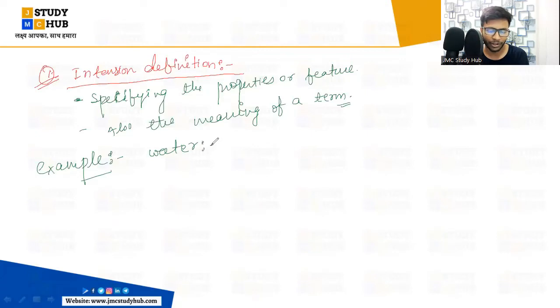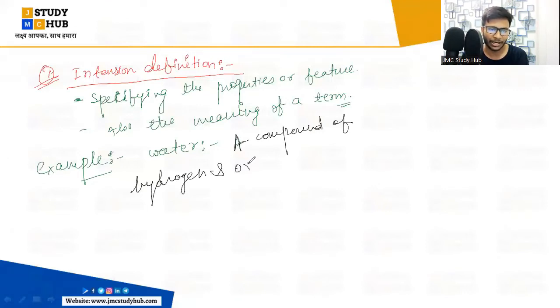We may define the water as a compound of hydrogen and oxygen, right? And in physics, how will you define it? This is in chemistry that you have defined water: a compound of hydrogen and oxygen is called water. Okay, how will you define it in physics?